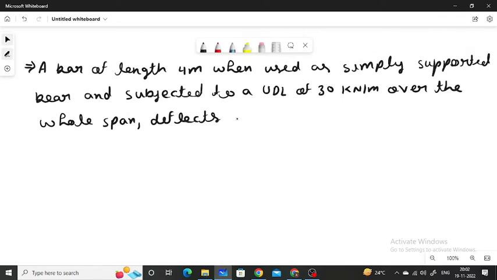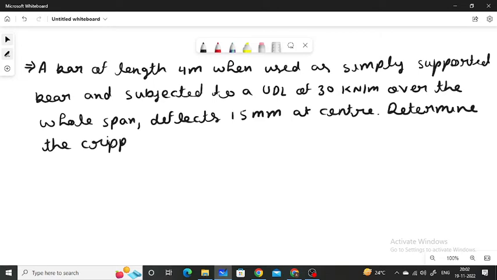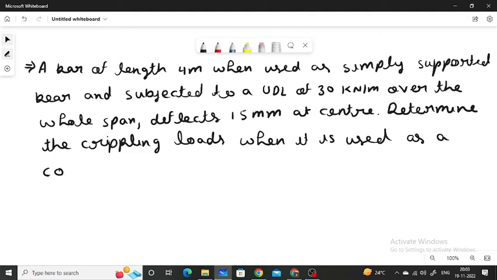deflects 15 mm at center. Determine the crippling load when it is used as a column with following conditions.